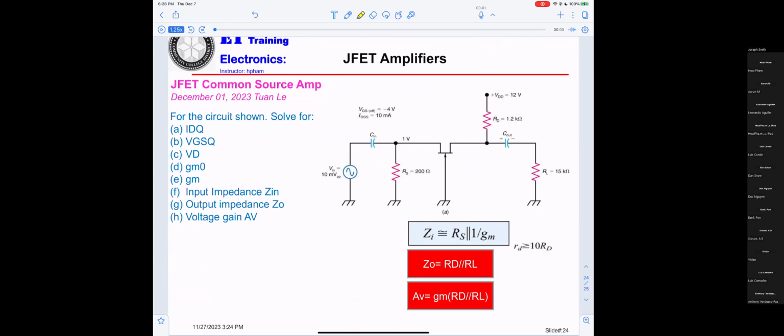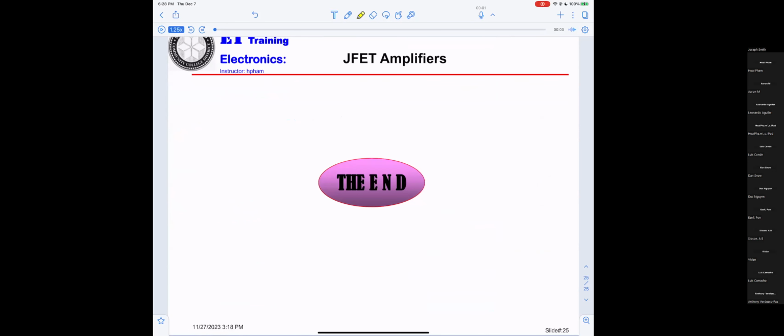Okay, basically, next time we'll quickly go over the calculation for common source, common gate, common drain. Make sure everyone knows how to do the calculation.